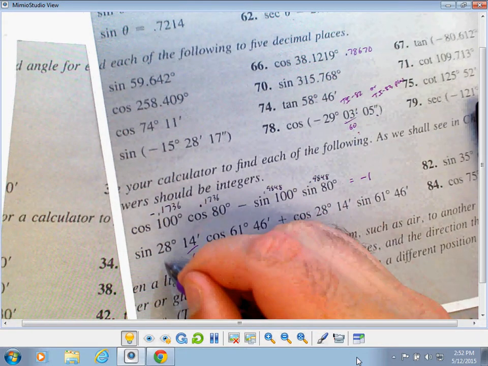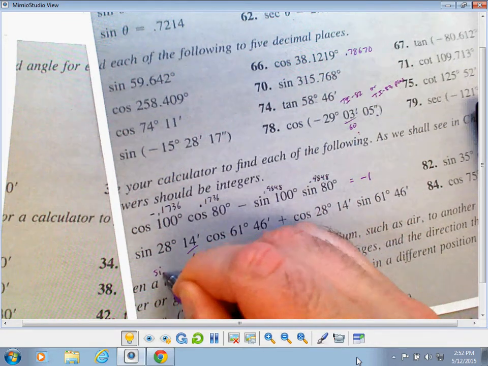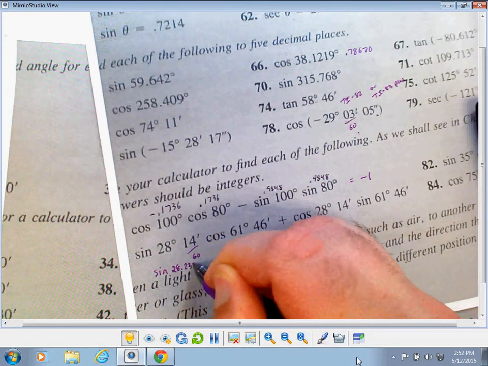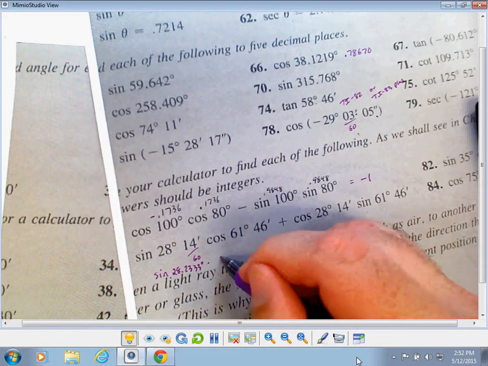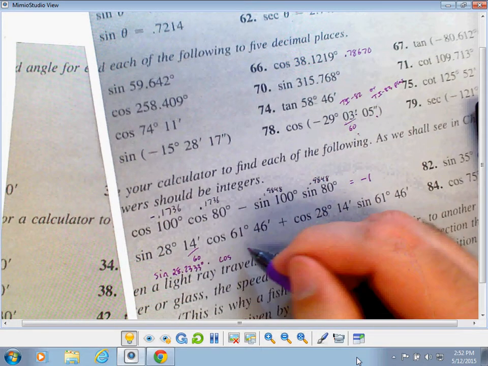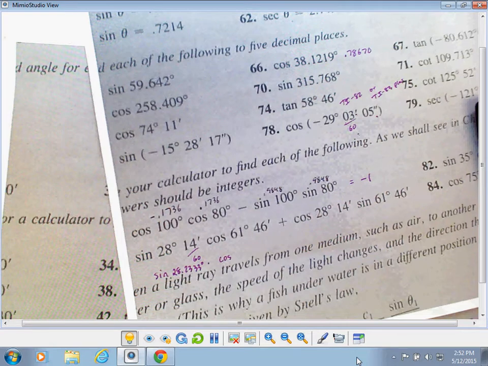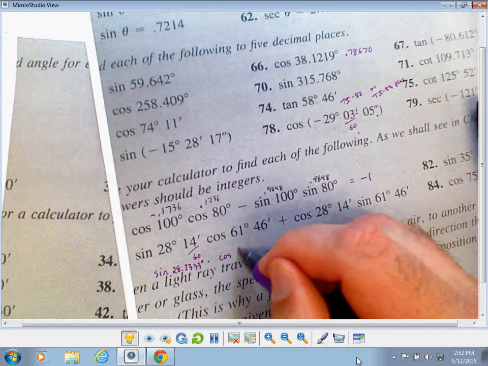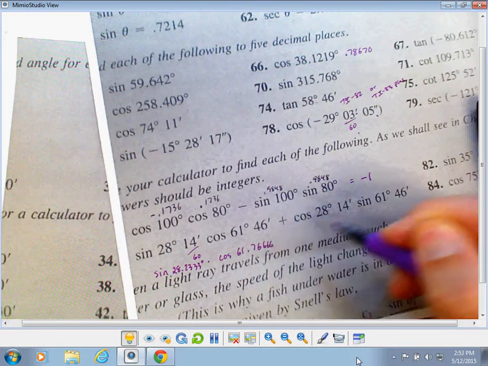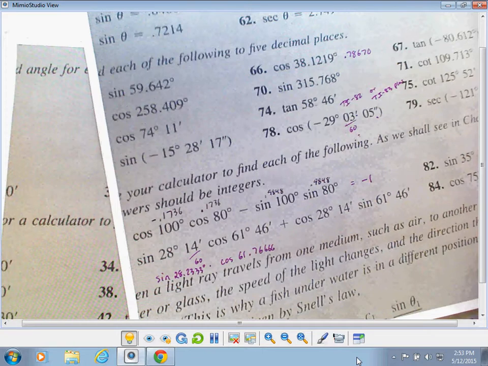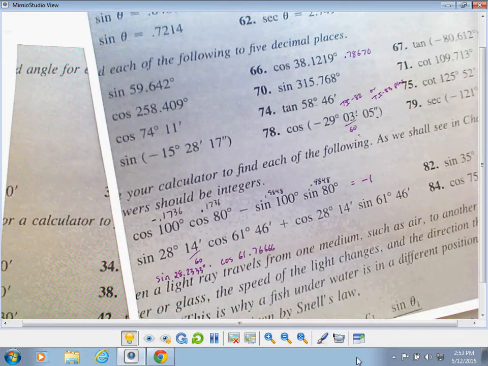So this is really the sine of 28.2333 degrees times the cosine of 46 divided by 60, which is kind of what I thought it was going to be, 61.76666, like that. And then you can add it to the other one. You're going to find out that that one works out to an integer also.